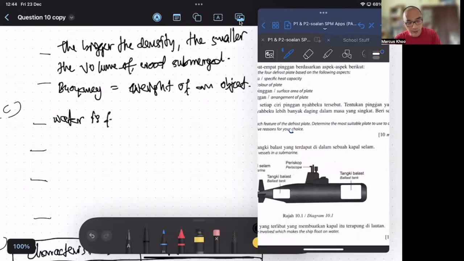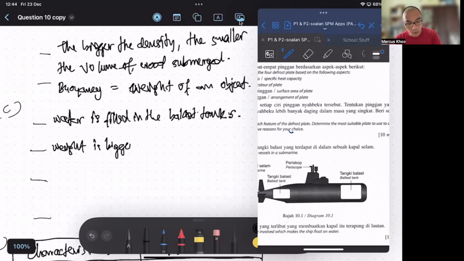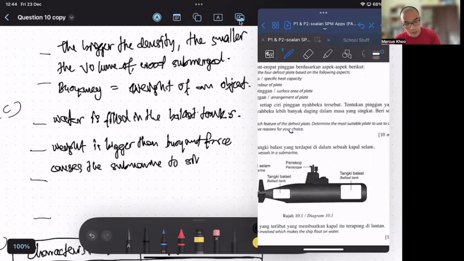Water is filled in the ballast tanks until the weight is bigger than the buoyant force, causing the submarine to sink.